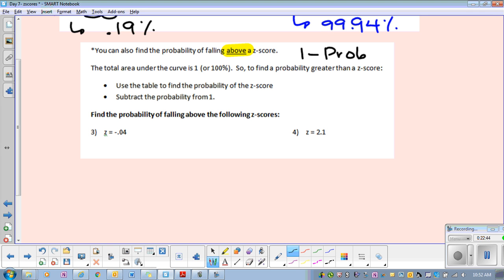So let's find the z-score. It says find the probability of falling above. Let's find the z-score for this guy, negative 0.04. Whoa, guys, be careful. This is negative 0.04, right? So you're going to look for negative 0.0 and then go to 4.